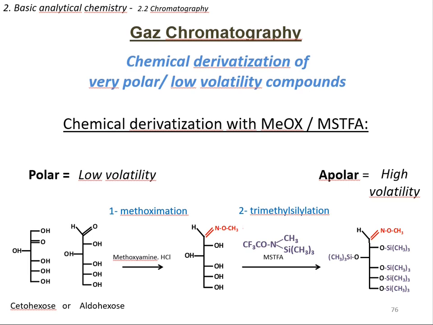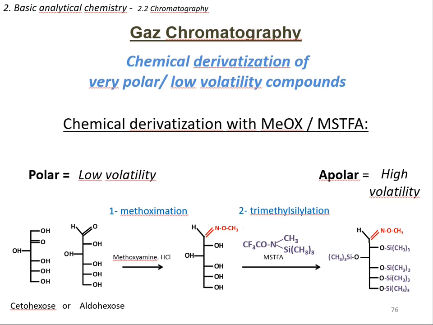And then the second step is to transform every proton that is able to interact, like here the alcohol protons, OH, but it also works with amines and thiols, SH, and so on, and carboxylic acid, COOH. You will change all these protons into trimethylsilyl, Si(CH3)3.